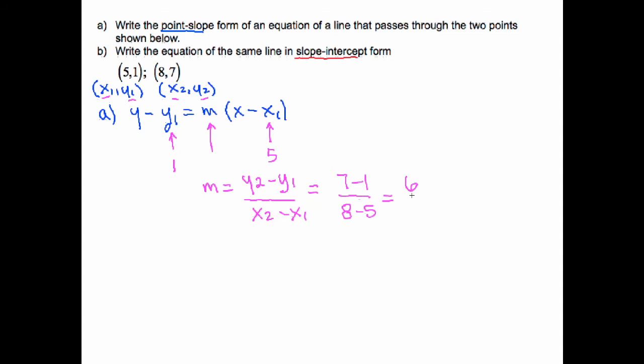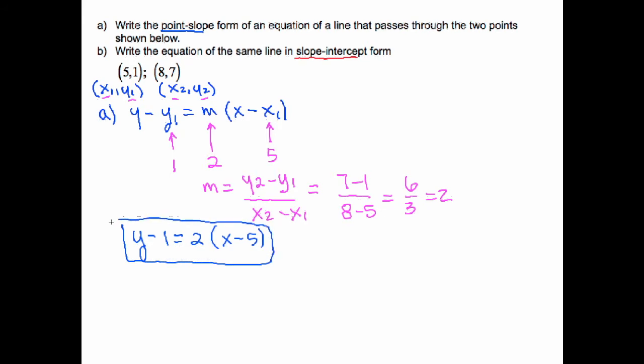So it looks like we have 6 over 3, which reduces to 2. That's what we'll substitute in for m. So we have y minus y1, which is 1, is equal to m, which is 2, times x minus x1, x minus 5. And we have our point-slope form of a line. To find the slope-intercept form of the line, all we do is solve for y.